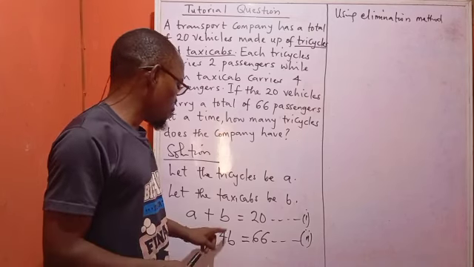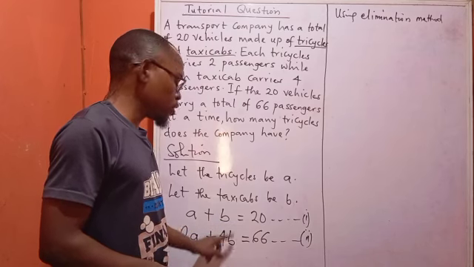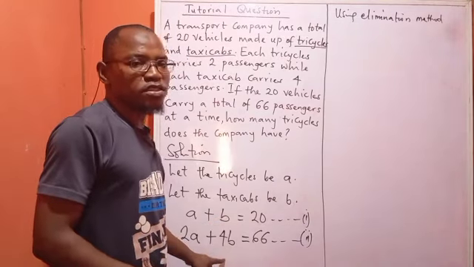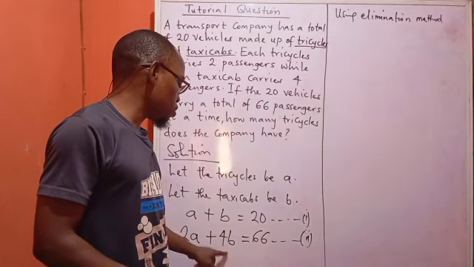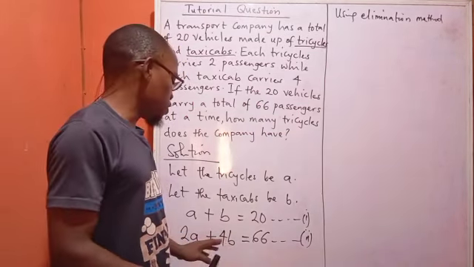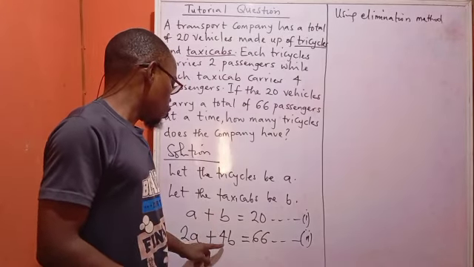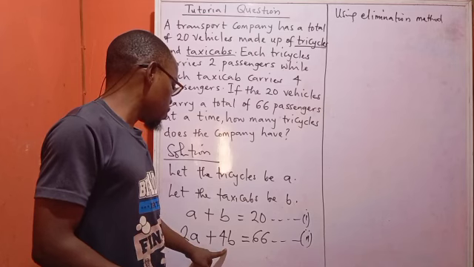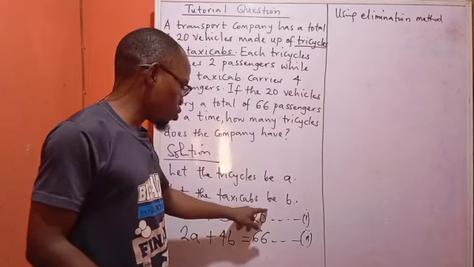Now, how does the elimination work? We make the coefficients of b the same. And how do we do that? For equation 1, use the coefficient of b in equation 2 to multiply everything in equation 1.